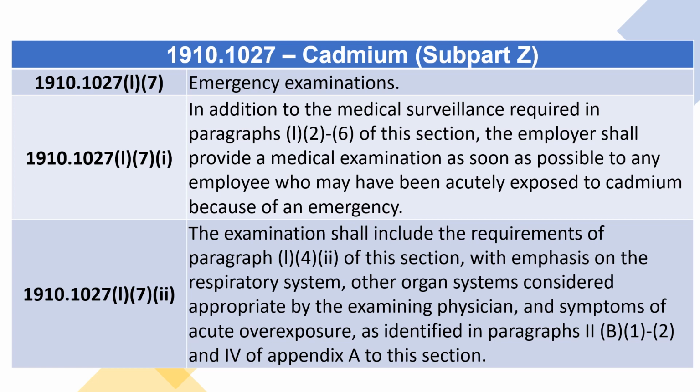The examination shall include the requirements of paragraph L4-2 of this section, with emphasis on the respiratory system, other organ systems considered appropriate by the examining physician, and symptoms of acute overexposure, as identified in paragraphs 2B1-2 and 4 of Appendix A to this section.